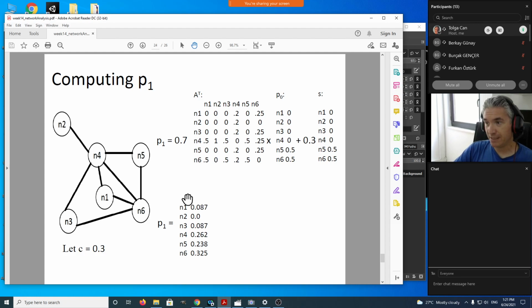So wherever I am currently, since my restarting, like teleportation, probability is 30%, 15% of that teleportation probability goes to this one and 15% goes to this one. So wherever your random surfer is, with 50% probability to each of these N5 and N6, you're going to find yourself in one of those nodes.